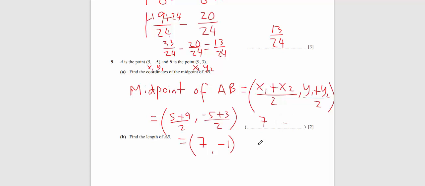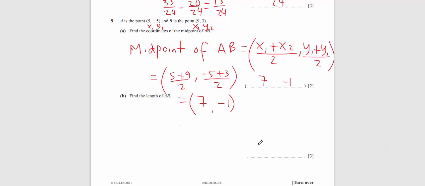So that's your midpoint. And then to find the length, there's a formula you can use: x2 minus x1 squared plus y2 minus y1 squared.